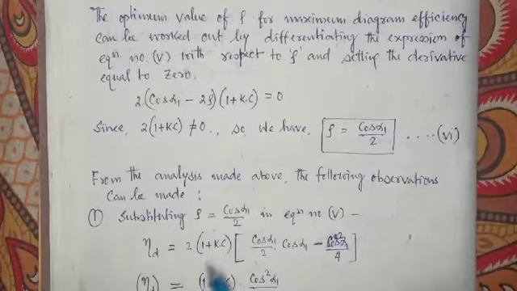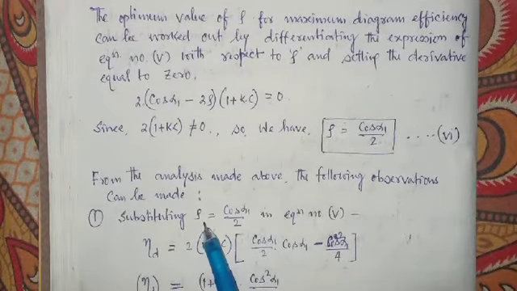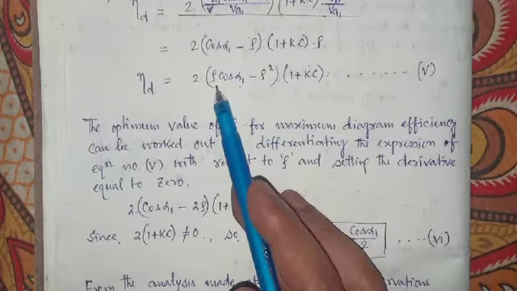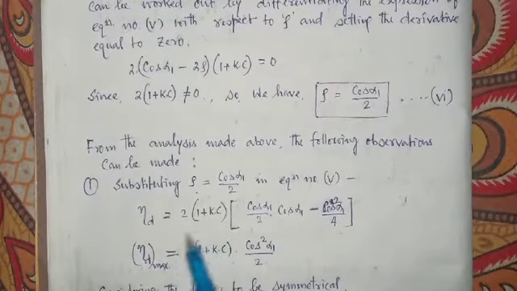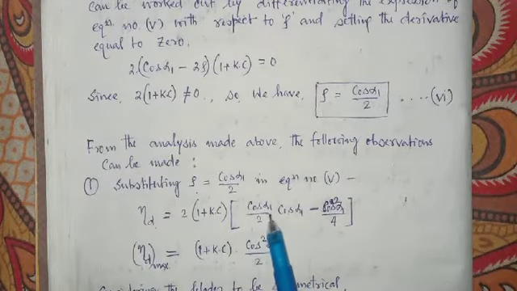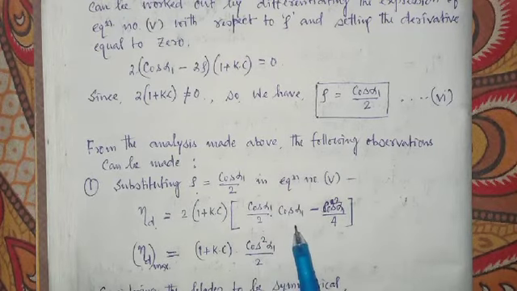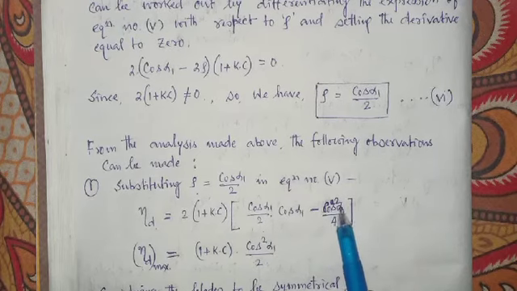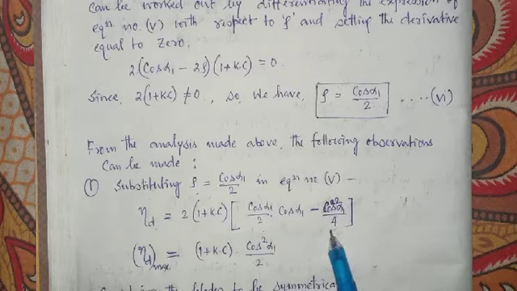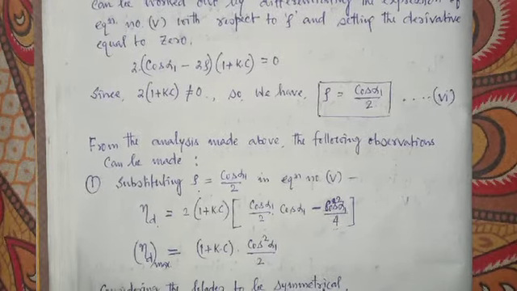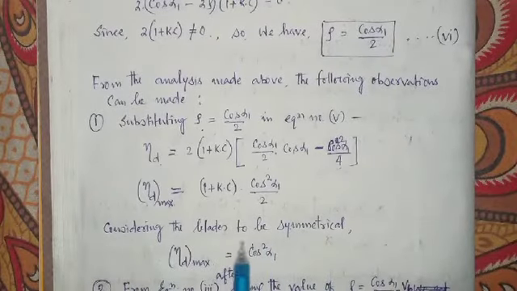If we substitute the value of rho in equation number 5, in place of rho we put cos alpha 1 by 2 into cos alpha 1, and this is cos square alpha 1 by 4. And this is obvious because we have considered the blade to be symmetrical.